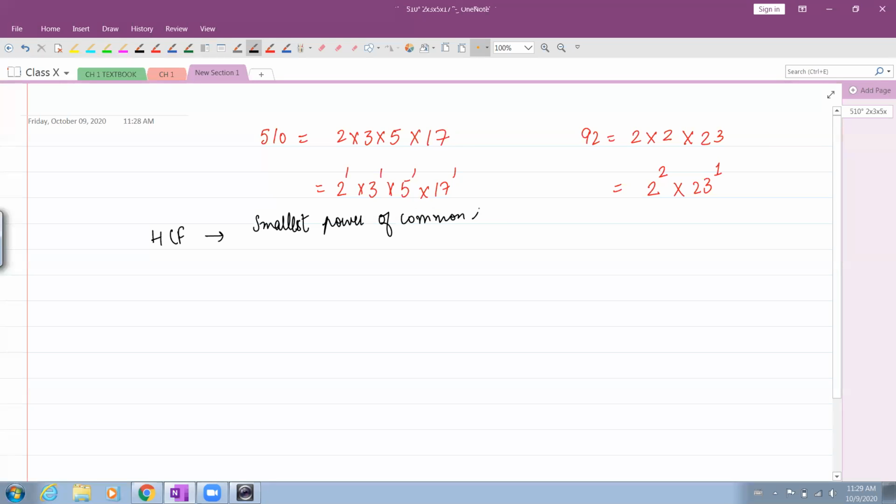सबसे पहले तो ये चेक करो कि कोई प्राइम कॉमन है भी या नहीं. So common prime factor is 2 here, और इसकी स्मॉलर पावर कौन सी है? 1.